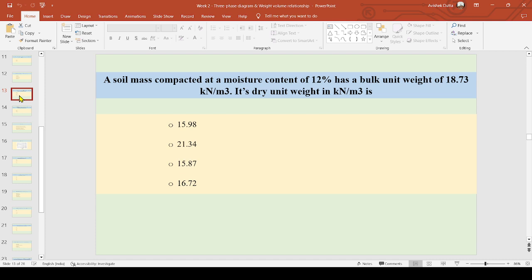Please write down the data very carefully. That is a 12% moisture content and the bulk unit weight of 18.73 kilonewton per meter cube. Your options are 15.98, 21.34, 15.87, 16.72.